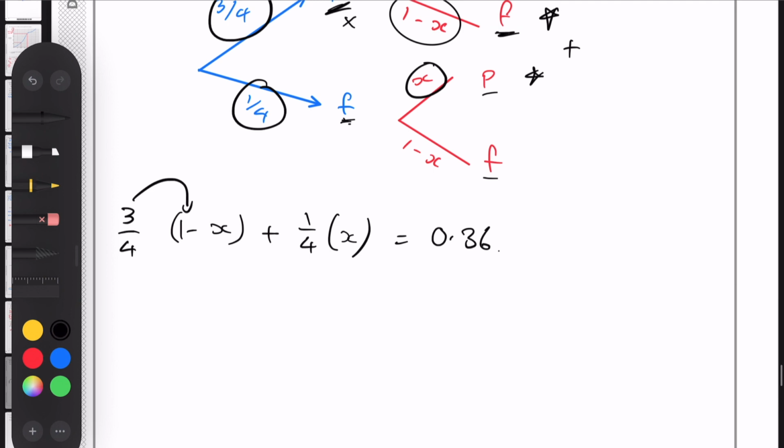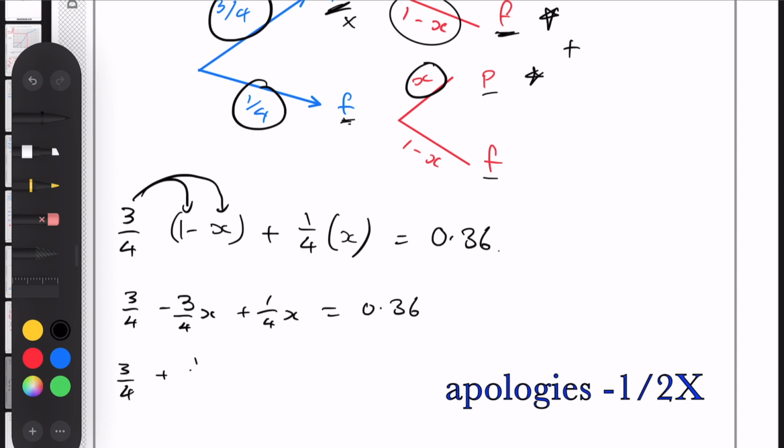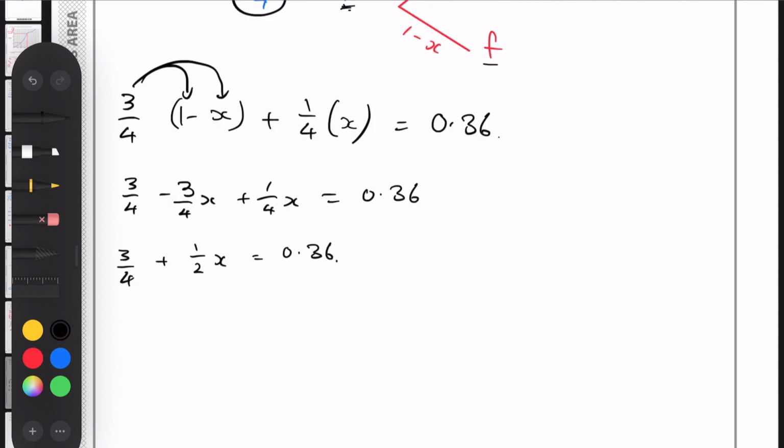Multiply them out. 3/4 times 1 is 3/4. 3/4 times minus x is minus 3/4 x. Plus 1/4 x. And that must equal 0.36. I would gather your like terms, so 3/4 stays the same. Minus 3/4 x plus 1/4 x gives you minus 1/2 x, and then that must equal 0.36. 3/4 is 0.75 minus 1/2 x.